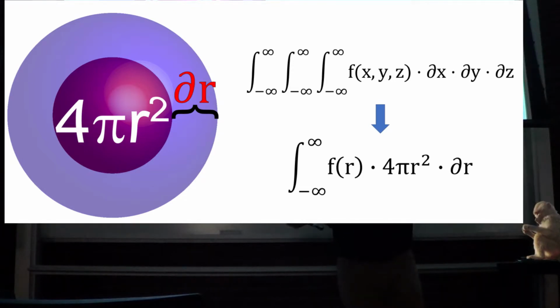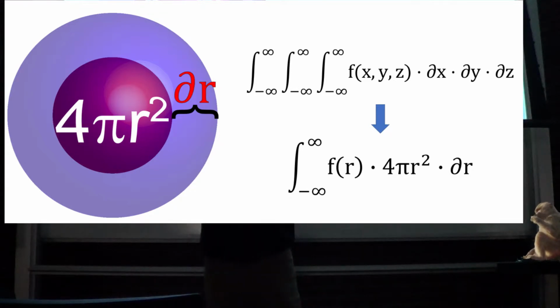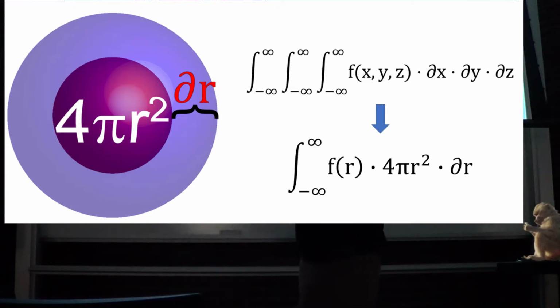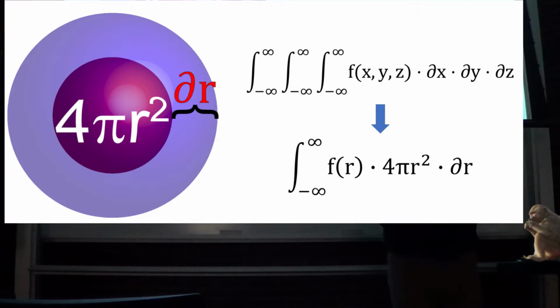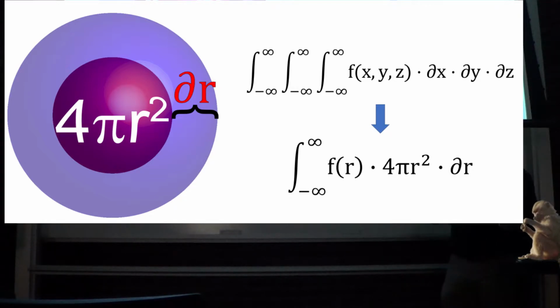The volume of a spherical shell, if the shell is thin, which this one is since these are partials, is the surface area times the change in r. What that means is partial x, partial y, partial z turn into 4 pi r squared times change in r. But remember, the whole point was to change partial x, partial y, partial z into partial r.